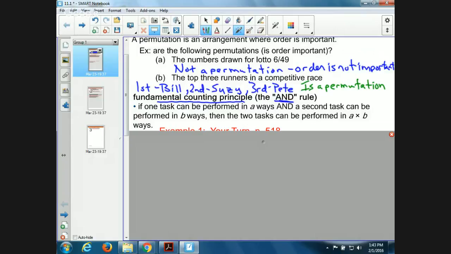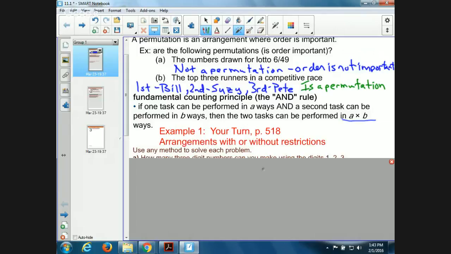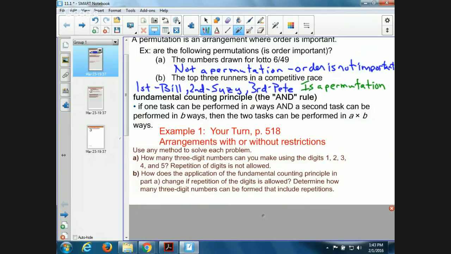If one task can be performed in A number of ways, and a second task can be performed in B number of ways, then the 2 tasks can be performed in A times B ways. You multiply when you can use the word and, typically. It means they're both happening. Now, once again, pause the video and write it out in your notebook, because you're going to want really good notes.